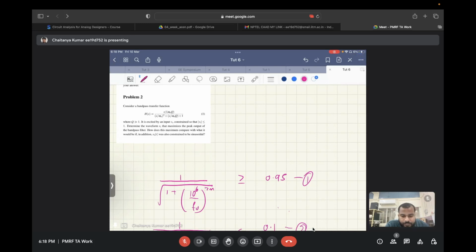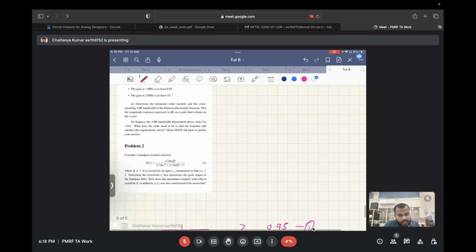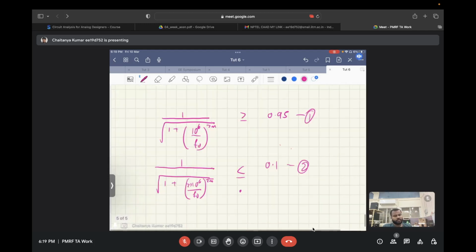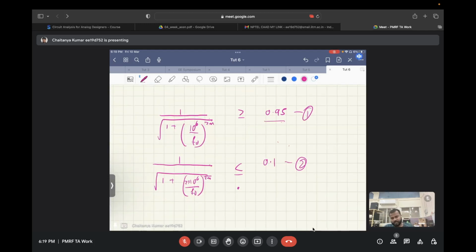Let's say the f naught you calculated is 1.52 megahertz. This is the critical f naught, correct? Yes, sir. For an order of 4, when f naught is this value, you get exactly 0.95. Now in which direction should f naught move so that you still satisfy this equation?